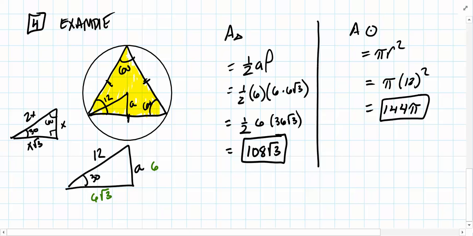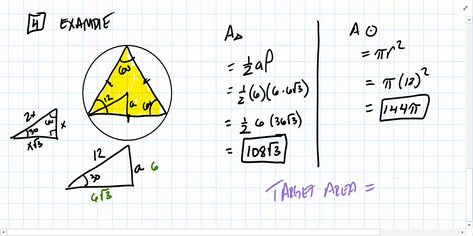So now we have the area of the triangle and the area of the circle. What is the target area that we want? Remember, the question is, if we pick a point inside the circle, what's the probability that it lands inside the triangle? The target area is just the area of the triangle, which is 108 root 3.